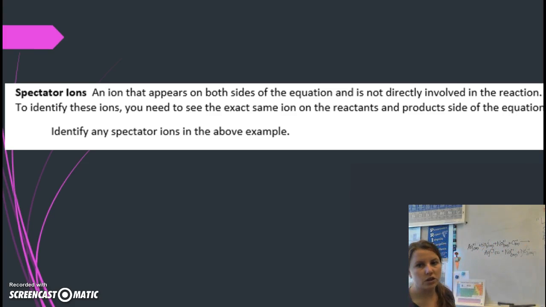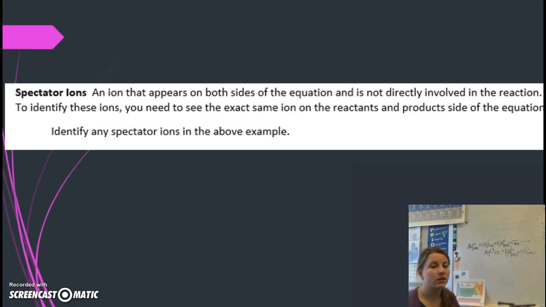That would be a spectator ion, NO3 minus 1, since it appears on both sides of the reaction. Then I'm going to keep reading. Sodium is here as an ion, so I can cancel that one out. That's going to be a spectator as well. And then chloride here matches up with the chloride that's part of this solid, so we can't cross that out. It doesn't look exactly the same.